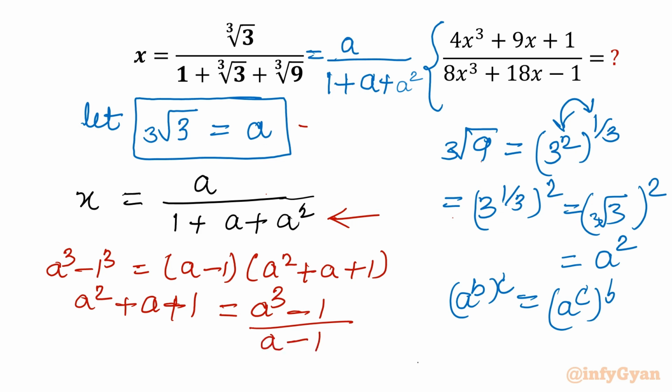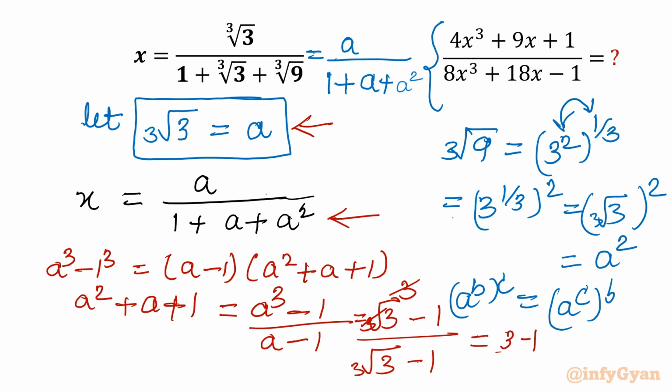So I will put now a value here. So I can write it is cube root of 3 cube minus 1 over cube root of 3 minus 1. Cube and cube root will cancel. So what is left? 3 minus 1 over cube root of 3 minus 1. So ultimately this denominator of our given equation x will be 2 over cube root 3 minus 1.